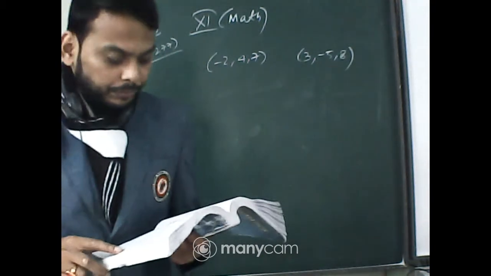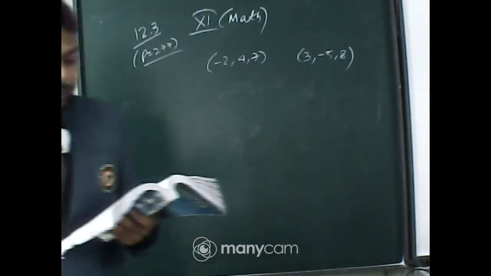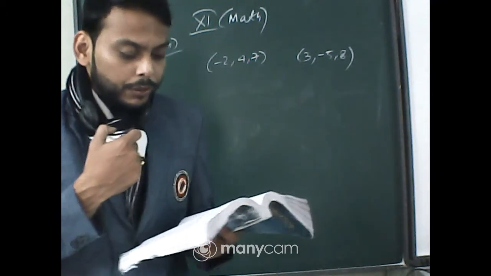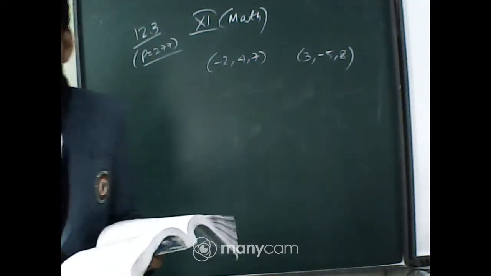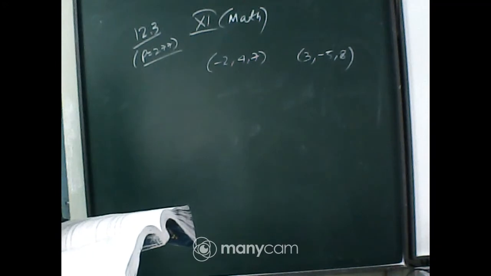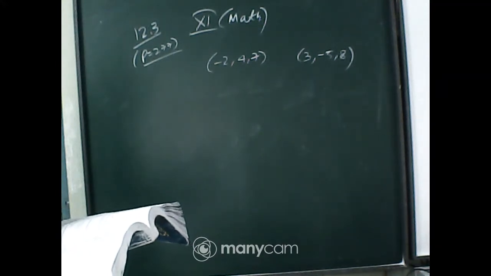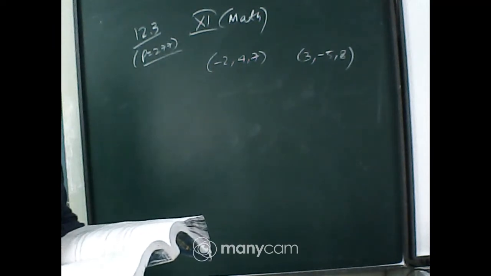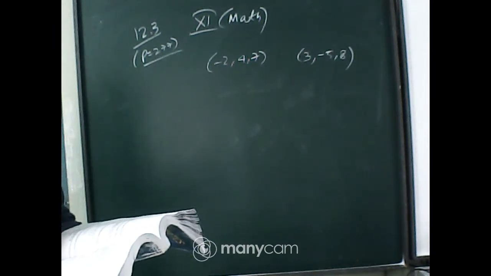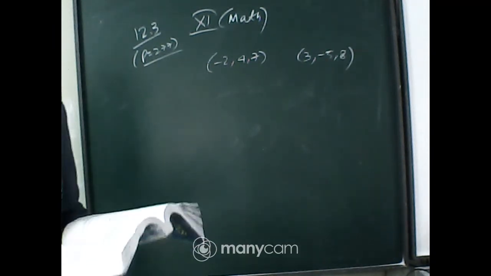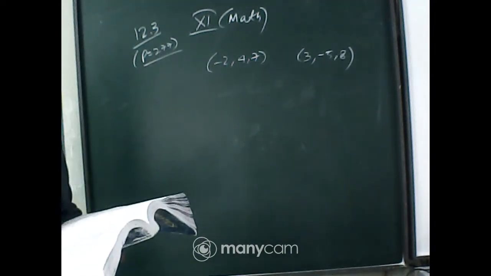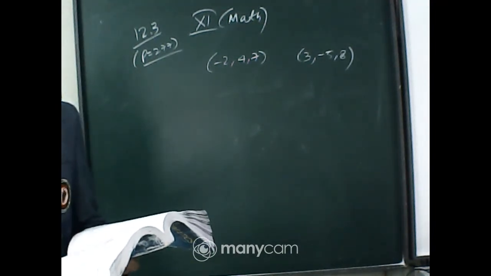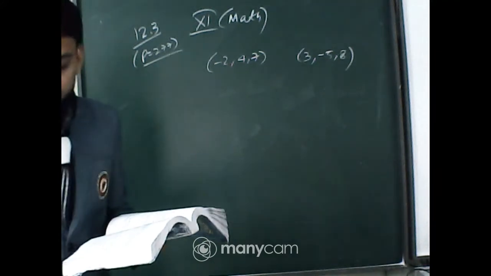Now here it is given that the YZ plane will divide the line. So we know that the YZ plane will divide the line at which point? Can you say generally, at which point?